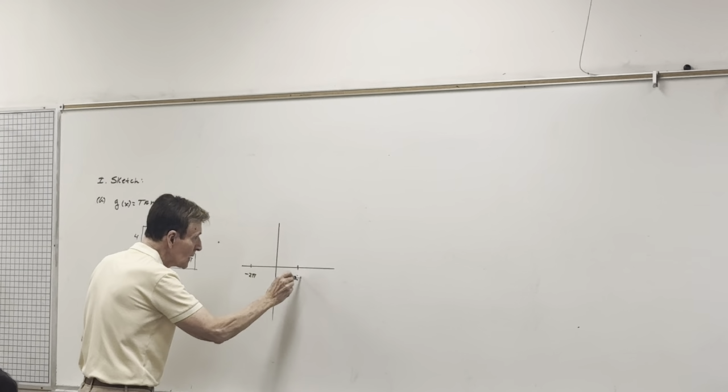Can anyone tell me, on the parent graph, was there an asymptote at the very first point or not for cosecant? If there was, there should be an asymptote here for me at 5 pi over 4. Was there on the parent graph?